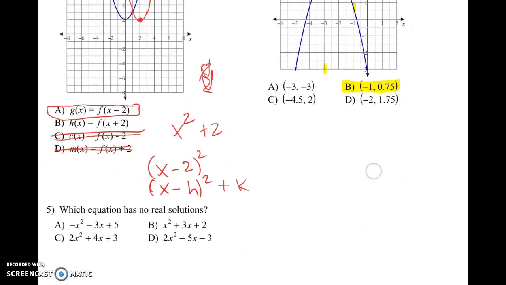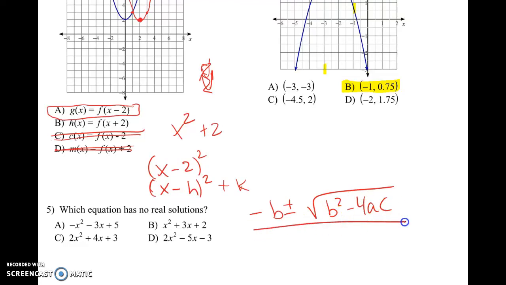For number 5, it says which equation has no real solutions? So this is back to first semester, and if you remember when we did the quadratic formula, negative b plus or minus the square root of b squared minus 4ac all over 2a. Remember, if you get a negative number in a radical, we would get an i, right?